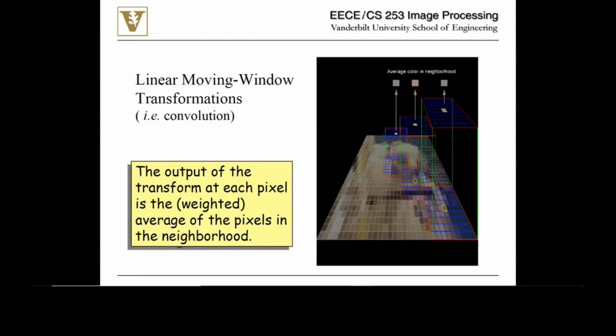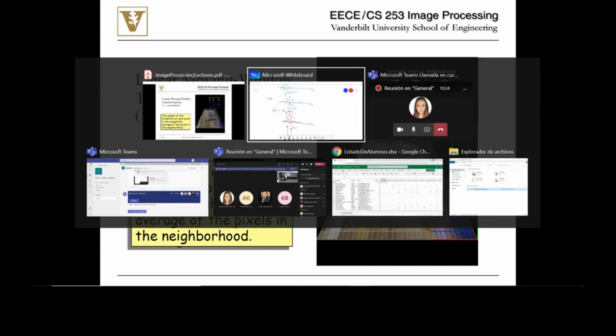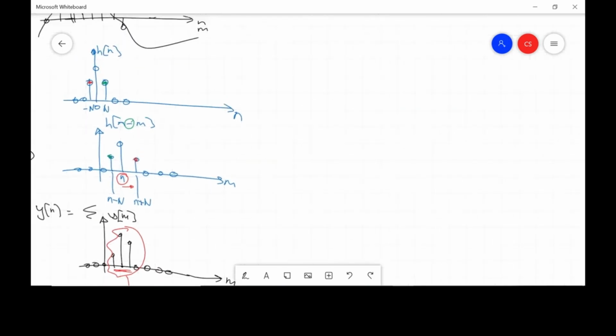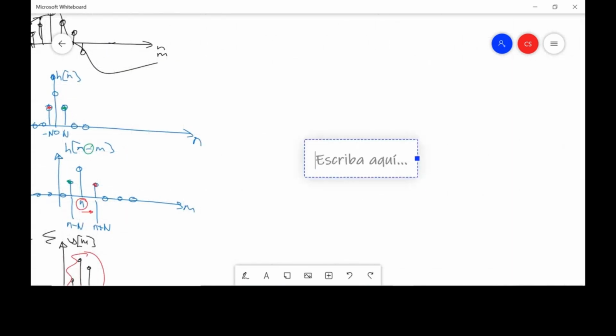Let's say that your kernel is simply an average. The equivalent in one dimension would look like this.